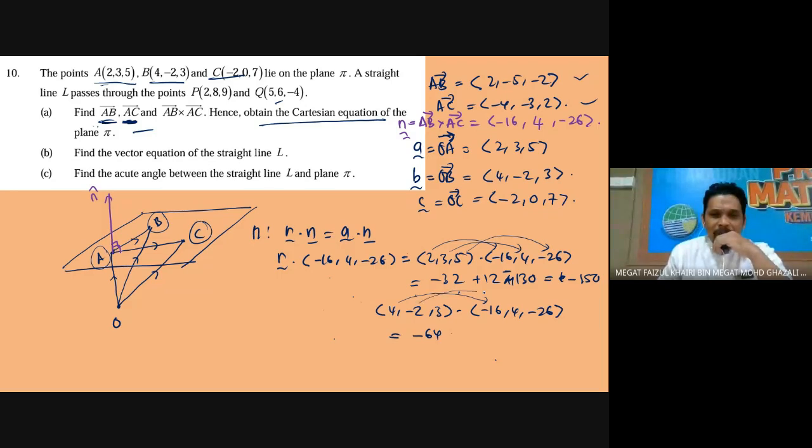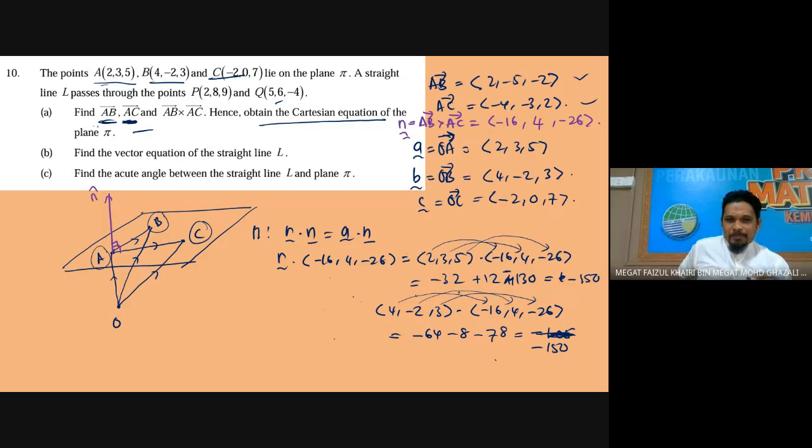Negative 2 times 4 equal to negative 8. 3 times negative 26, negative 78. So negative 64 minus 8 minus 78 equals negative 150.